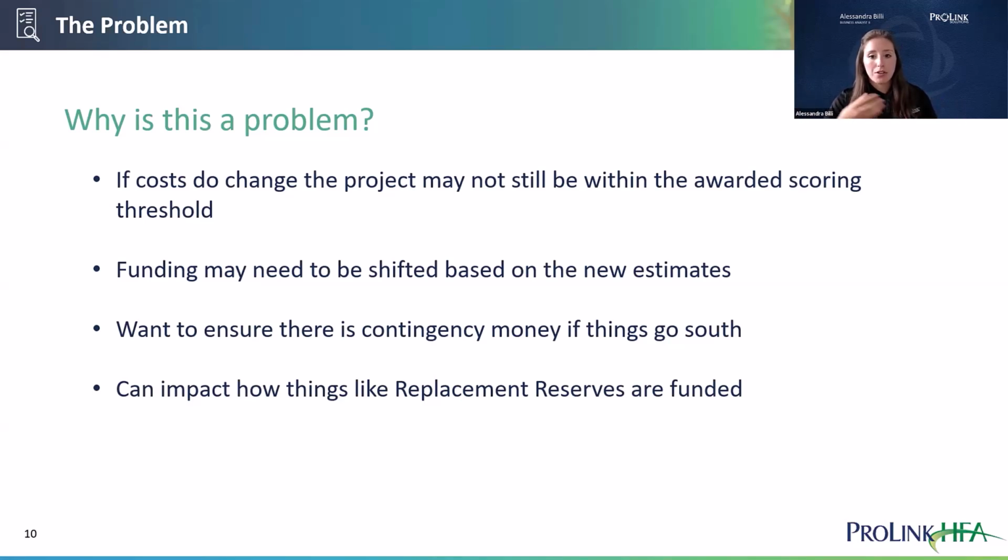And we also want to ensure that there's still contingency money just in case things go south. It costs more than was anticipated to do certain things, or going forwards, it can impact how replacement reserves are funded and what type of money is needed there and how much they need to put into it.